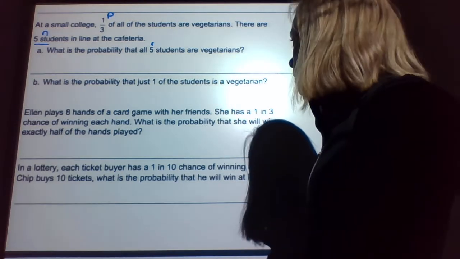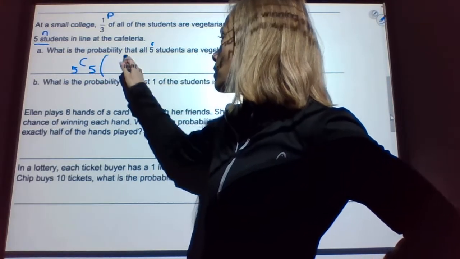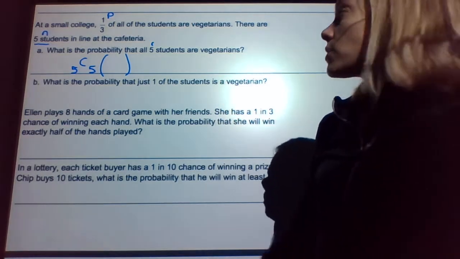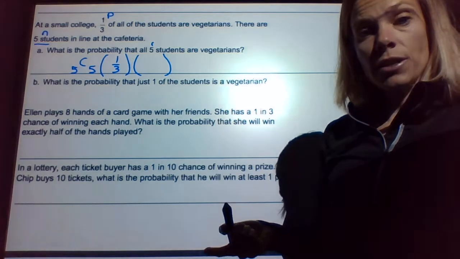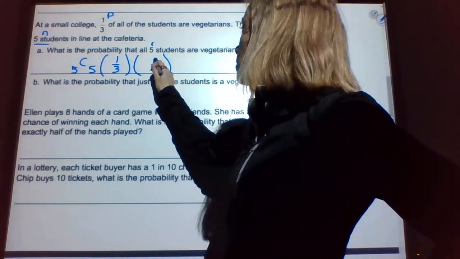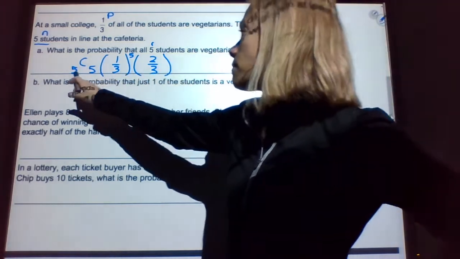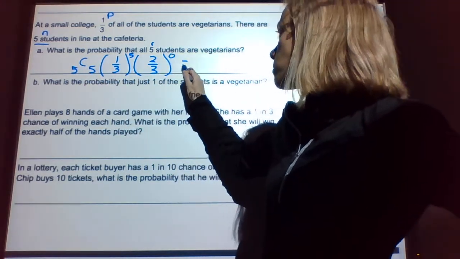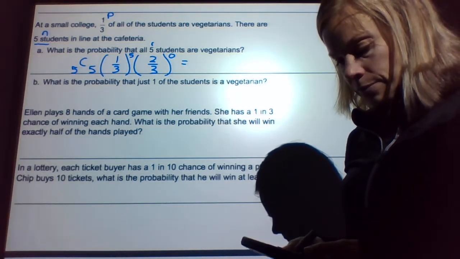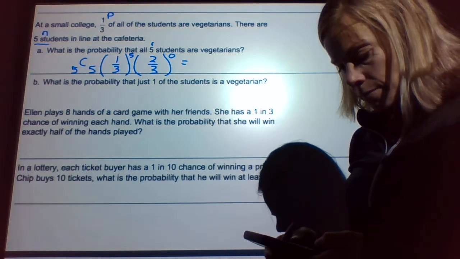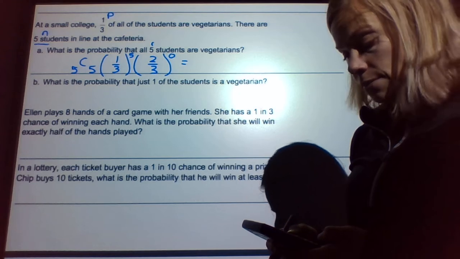So setting up my formula, I would have 5C5. The probability of someone being vegetarian is 1/3. So the probability of not being vegetarian would be 2/3. This would be to the 5, this would be to the 5 minus 5, which is 0. And I could calculate that out, 5C5, and then 1/3 to the 5th.